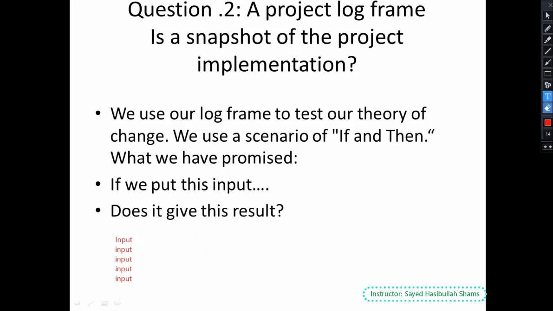Here, for example, we have outputs; our project created, for example, 3 outputs.